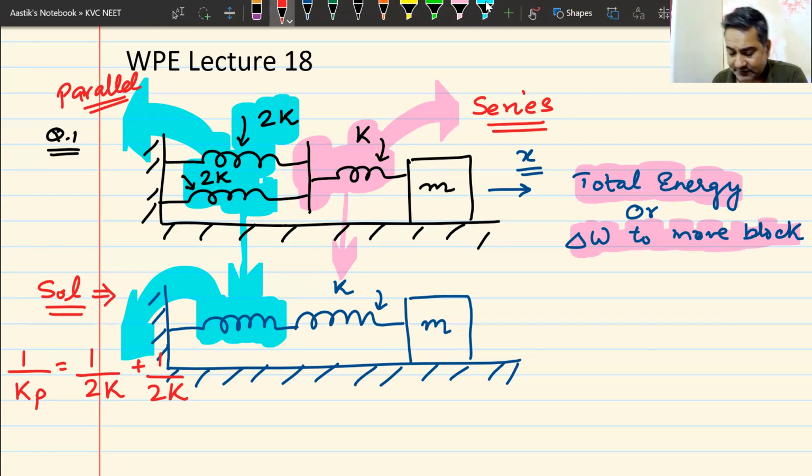I think you can solve this. Can you tell me the answer for this Kp parallel spring by calculating this? You must be quick enough to do it. 1 by 2K plus 1 by 2K, you have to add it. Whatever you get, you have to reverse it, because this is 1 by K. What is the answer for this combined spring, Kp?